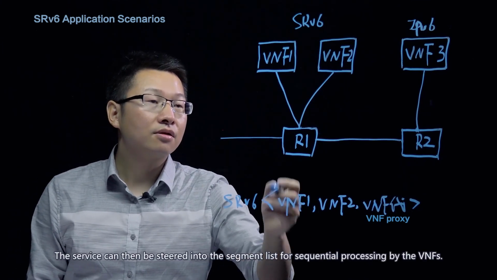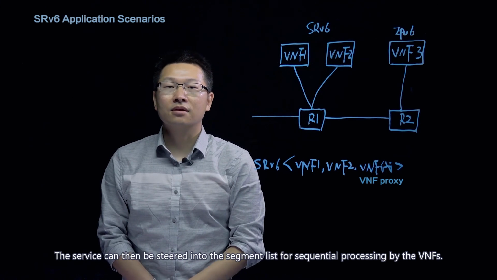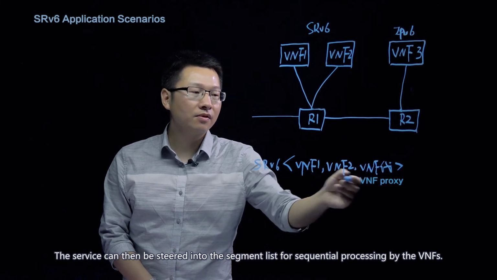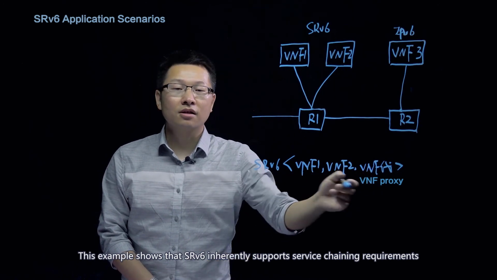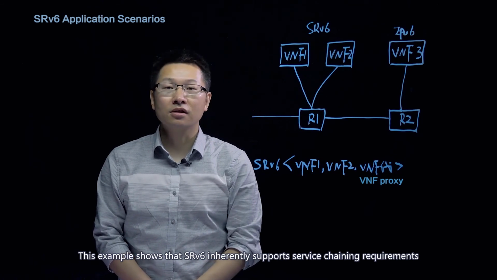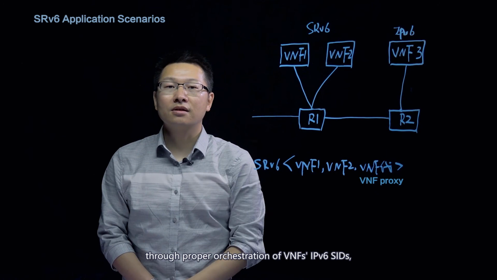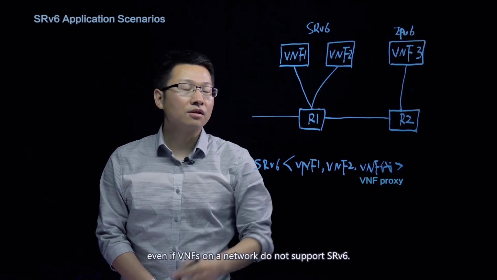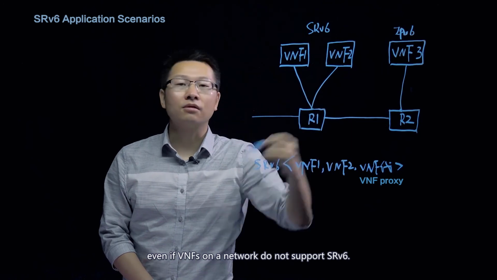The service can then be steered into the segment list for sequential processing by the VNFs. This example shows that SRv6 inherently supports service chaining requirements through proper orchestration of VNF's IPv6 seeds, even if VNFs on the network do not support SRv6.